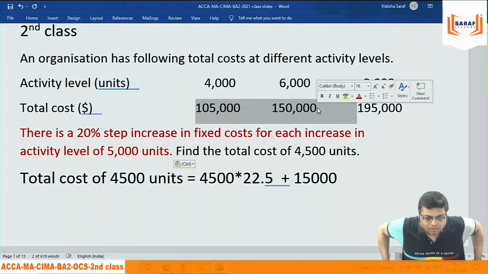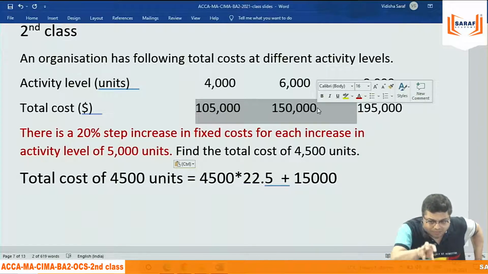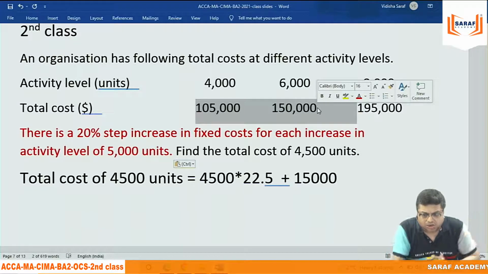Why no? Because 4,000 is actually less than 5,000 and 6,000 is actually greater than 5,000. So up till 5,000 there is some amount of fixed cost, but beyond 5,000 there is 20% more fixed cost. So at 4,000 or 6,000 units, the fixed cost at 1,05,000 and 1,50,000 is not the same.